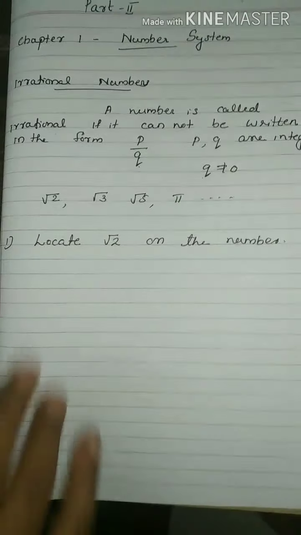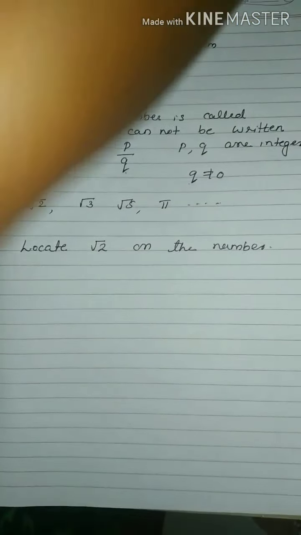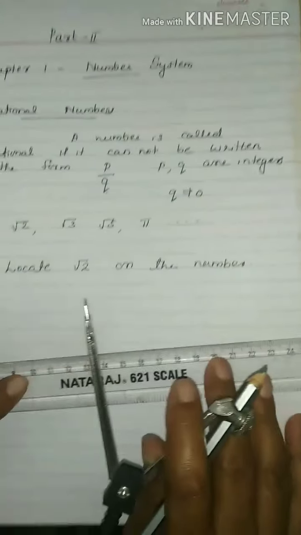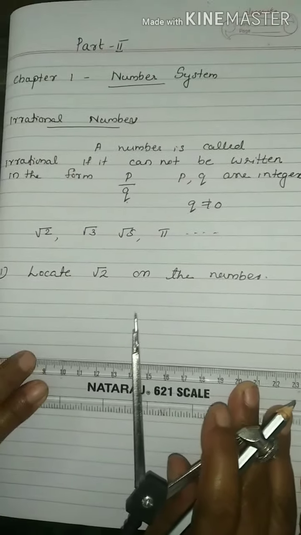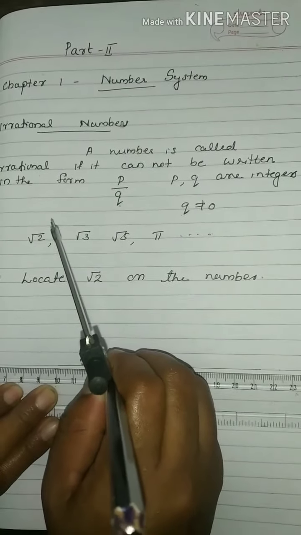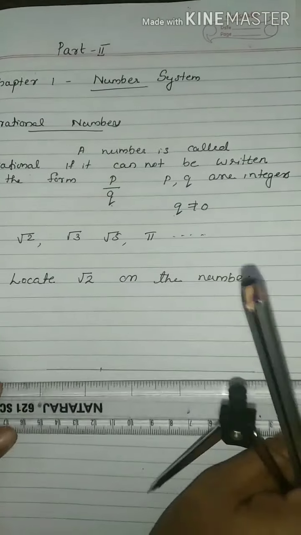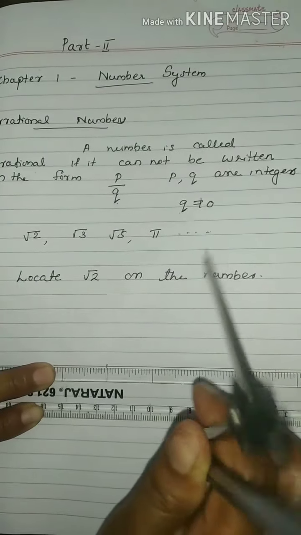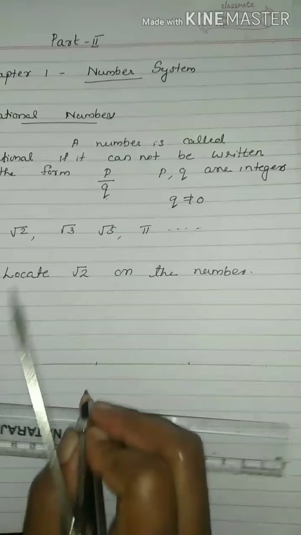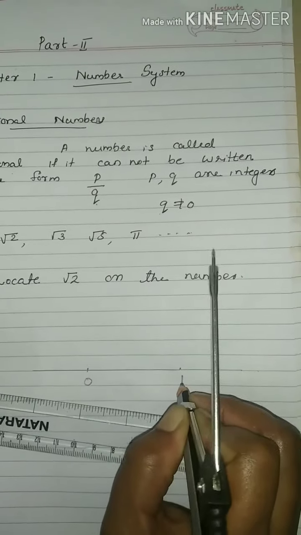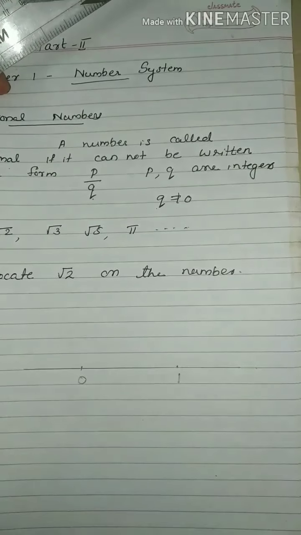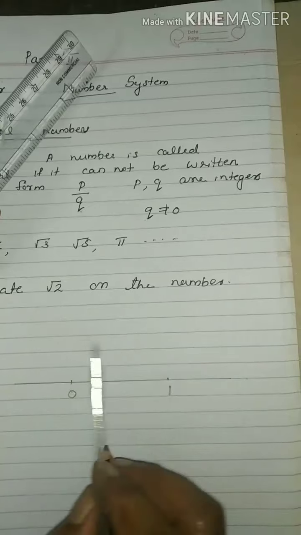Now you take one scale and pencil. Then draw a number line. See, 0 and 1. Now you construct one square of unit length. This length is 1 unit.